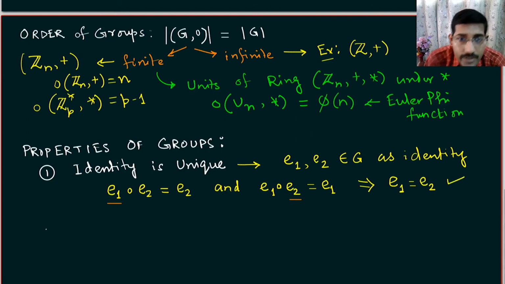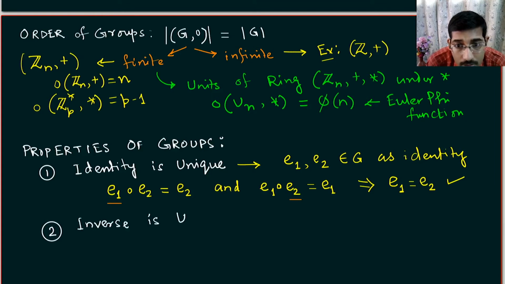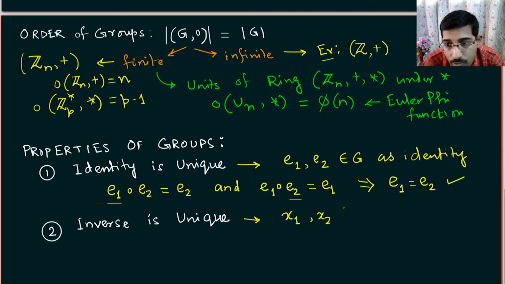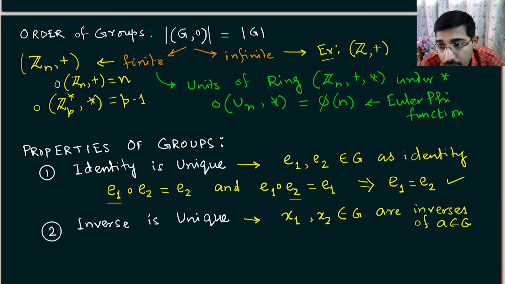The second proposition that we could write over here is that the inverse is unique. When we say the inverse is unique, suppose again we assume that for an element A belonging to G, x1 and x2 belonging to G are inverses of A. I need to prove that x1 and x2 are equal.